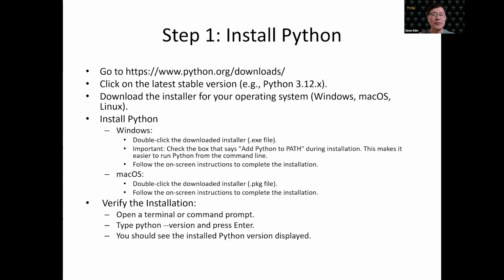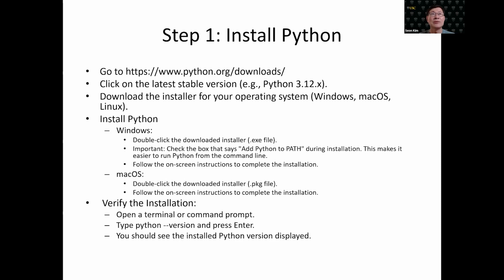The first step is definitely installing Python, and you need to check the version of Python. We want to install the latest stable version. The two most recent ones are not really recommended.